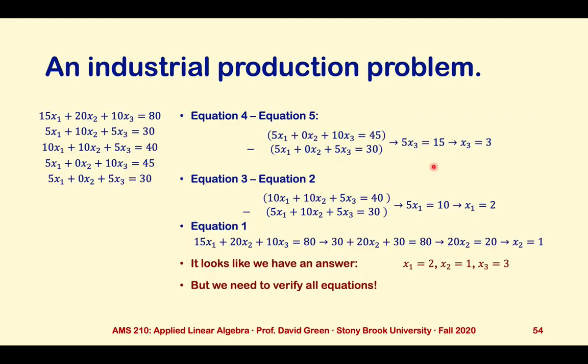We could try that approach and see how that goes. And I want to emphasize there are lots of strategies that you could take to try to solve this system. This is simply one way that we might get an answer.